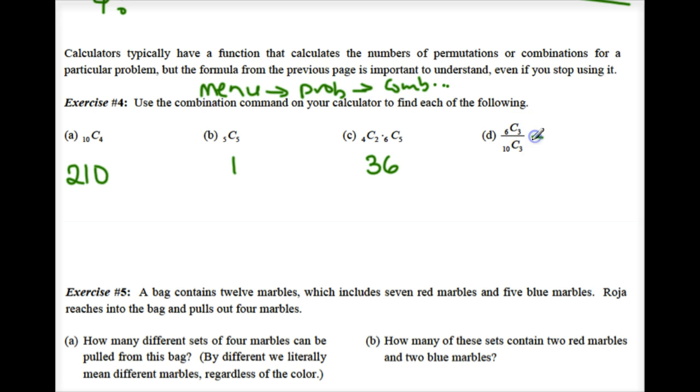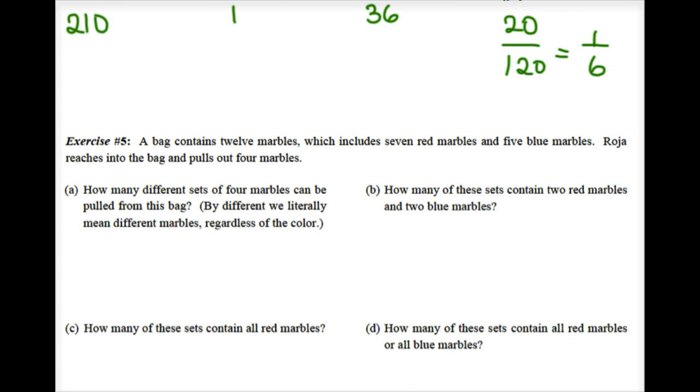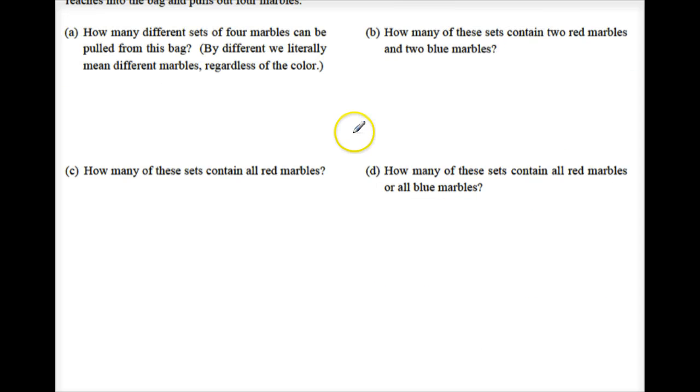To get a fraction, you go to CTRL division, and then you should get the top part to be 20 over 120, which is the same thing as 1/6. Before we get that, we will get 6 times 6. If you're not sure how to enter that, come and see me, please. You need to know how to do this on the calculator.